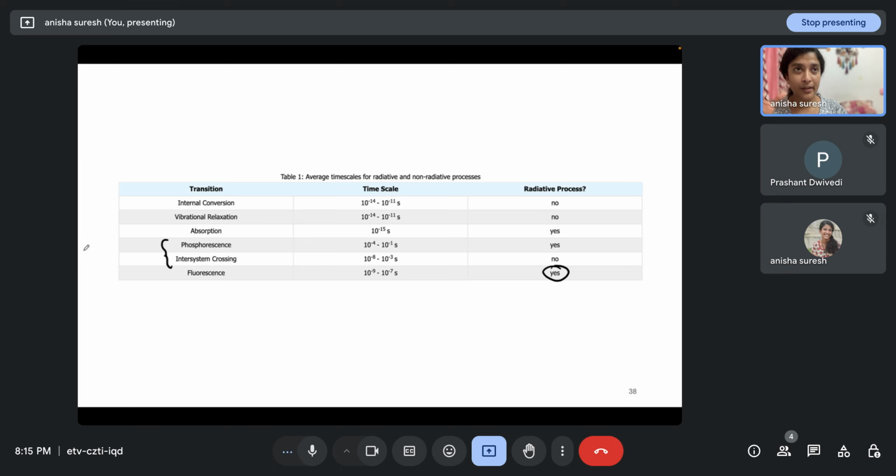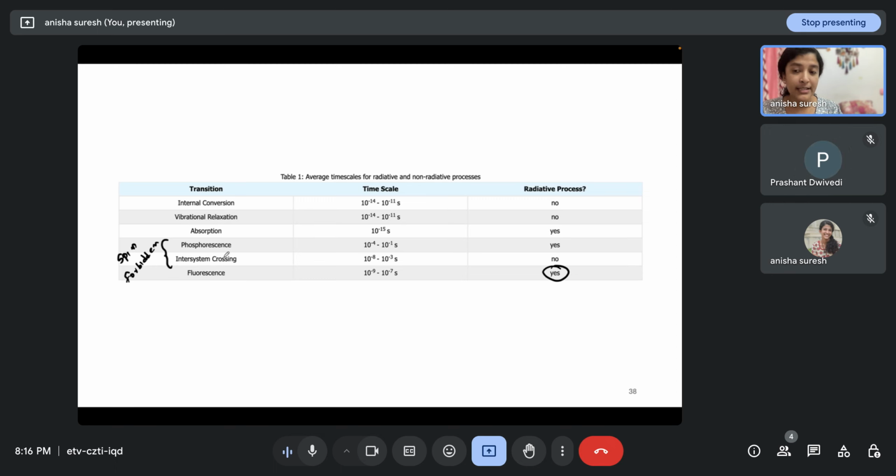Like, the state is changing from singlet to triplet, that is spin forbidden. This phosphorescence and intersystem crossing are spin forbidden processes.